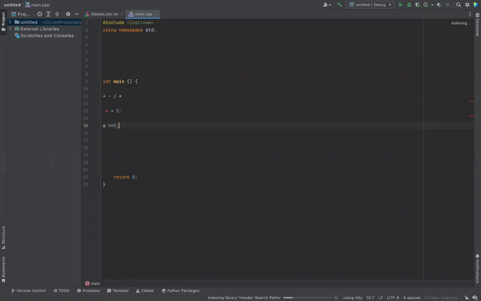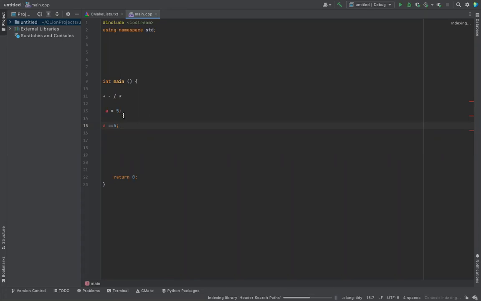Take note, the two are totally different. The first one means A is 5 without any debate. The second one portrays that you are comparing A to 5.